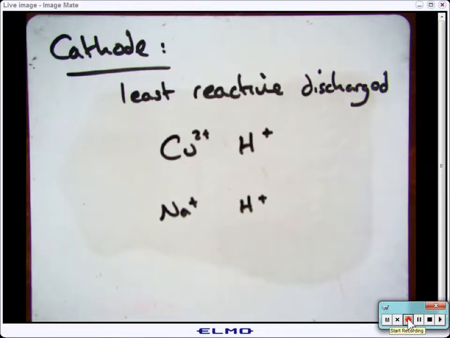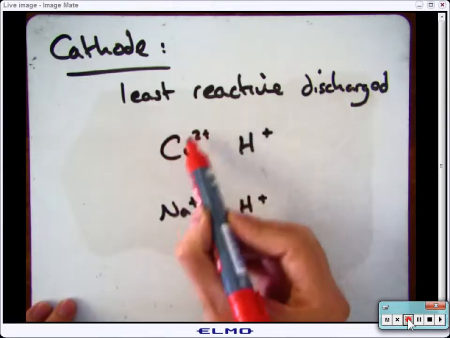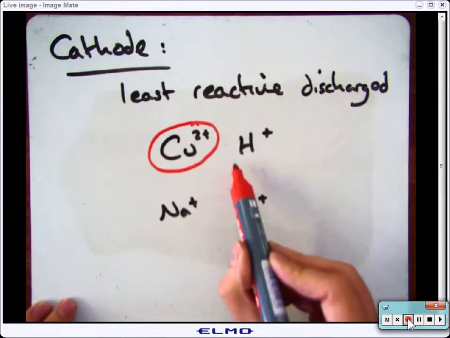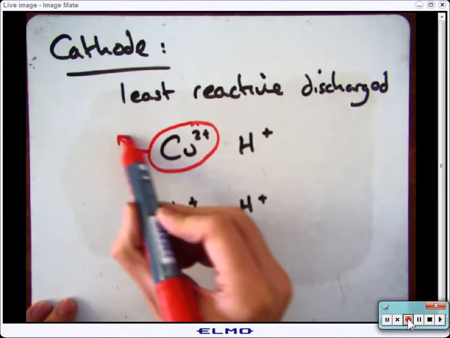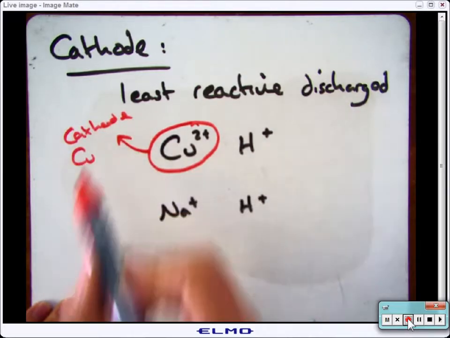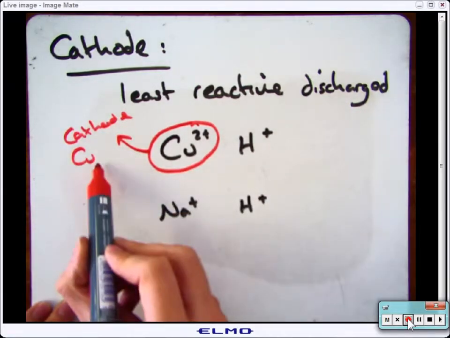At the cathode, it's all based on reactivity, and it's the reactivity compared to hydrogen. So for example, if something is less reactive than hydrogen, it will be displaced. So the Cu2+ is less reactive than hydrogen, so this will go to the cathode and turn back into copper by gaining 2 electrons.